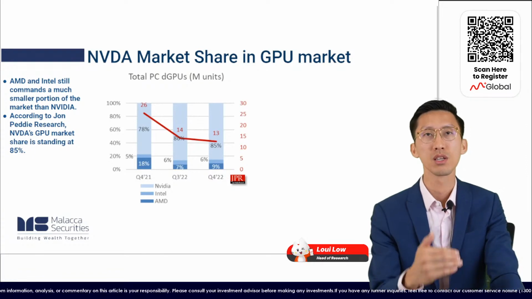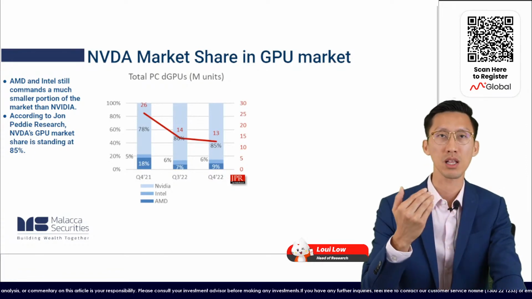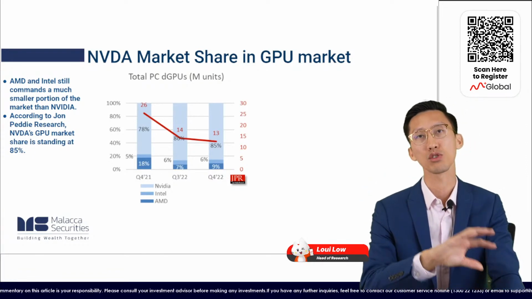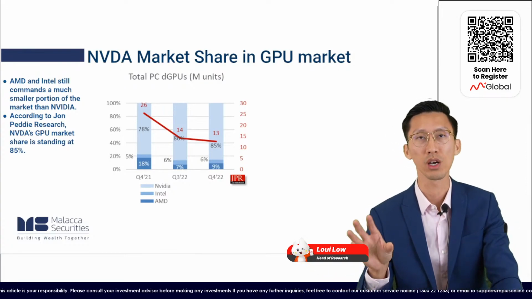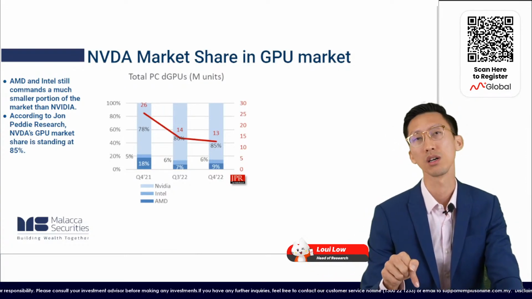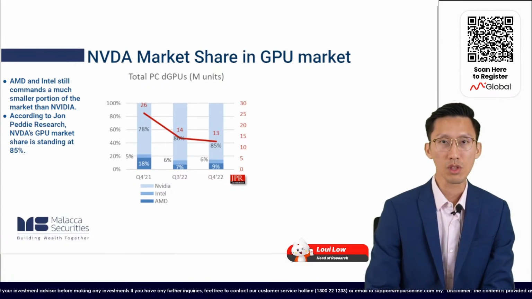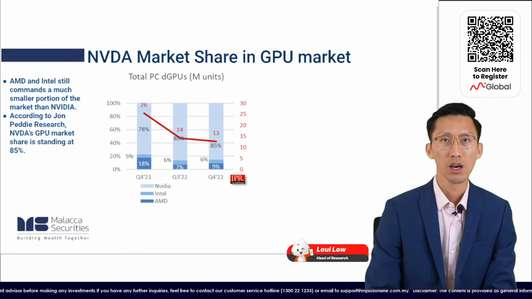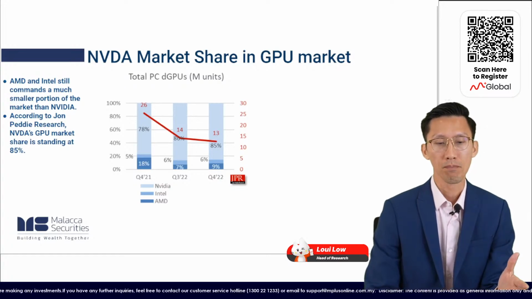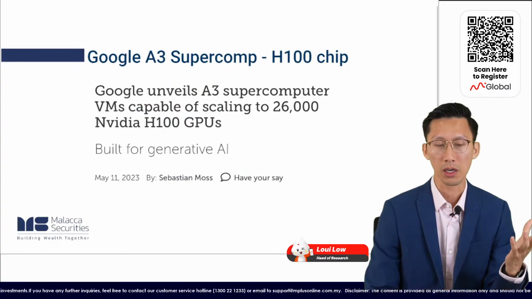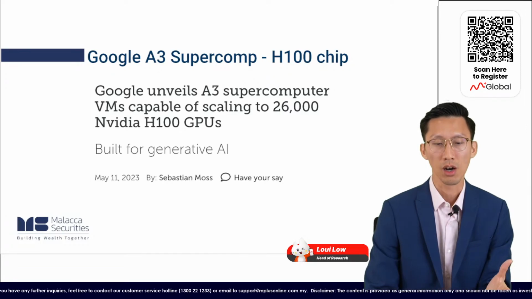Okay, January onwards, some of their chips can be sold at a higher price. So therefore, it has translated to the earnings of this current quarter, which was just reported yesterday. So what I can see here is that overall companies are actually using all these chips from Nvidia.